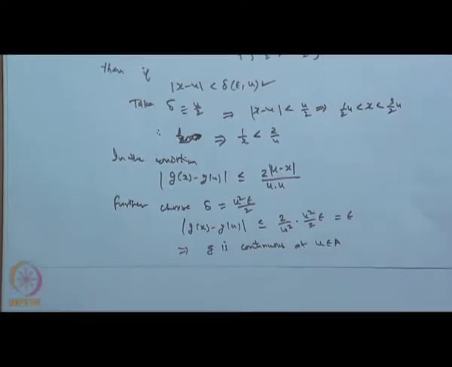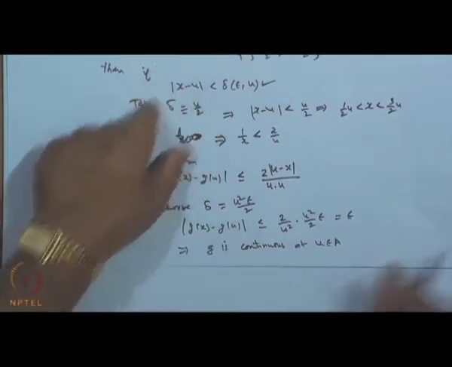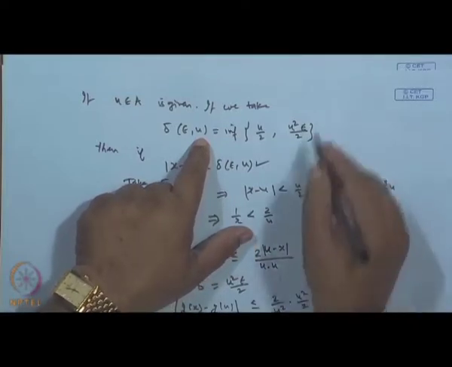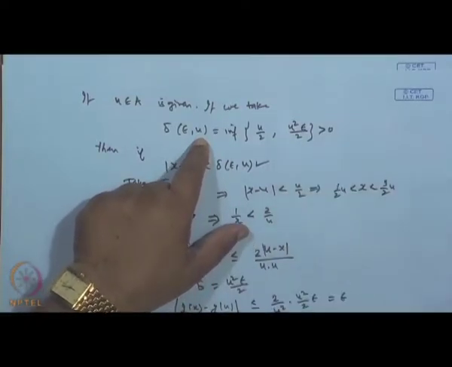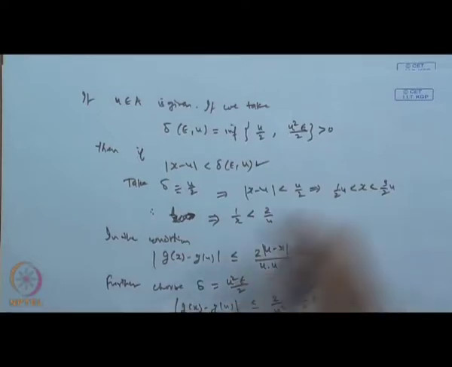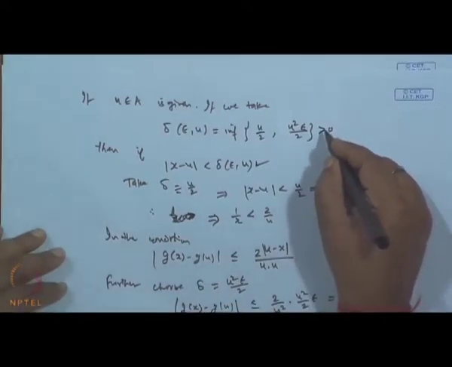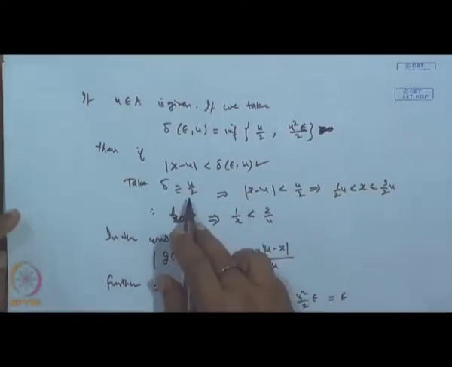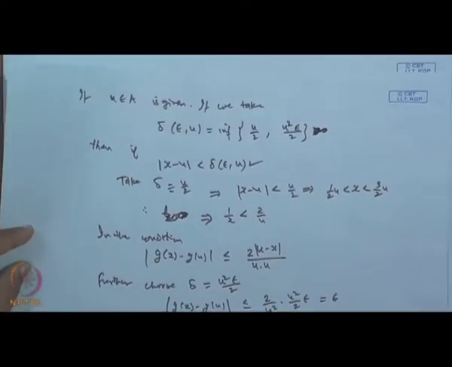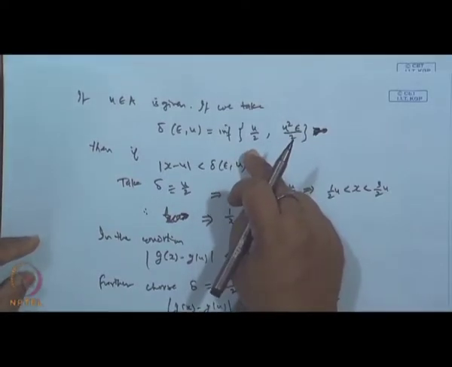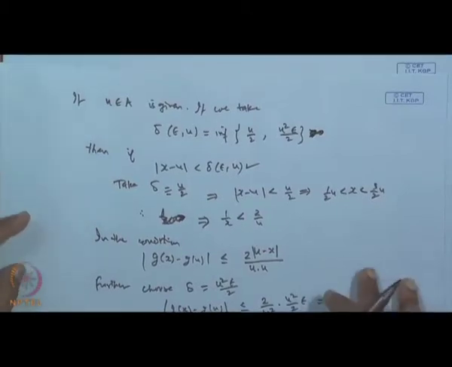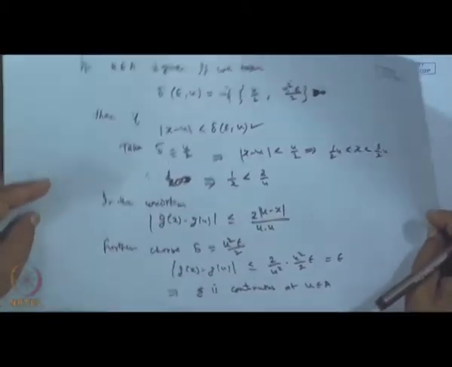Clear? But here the delta which you are choosing depends on u, which is a positive quantity. Each individual delta is positive when u is taken. But when you take the delta as the infimum of all such deltas, what happens?